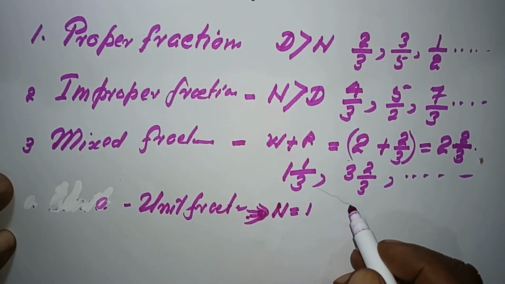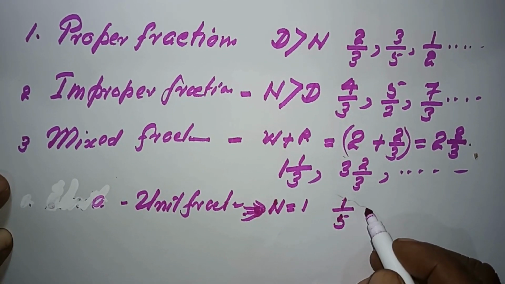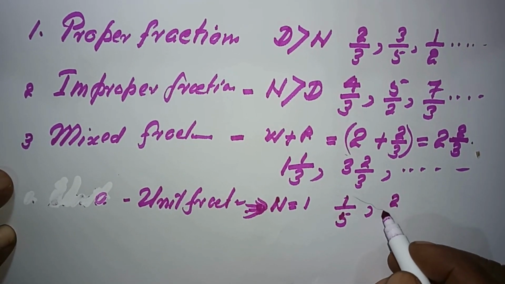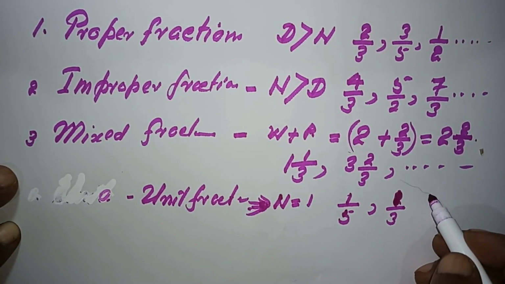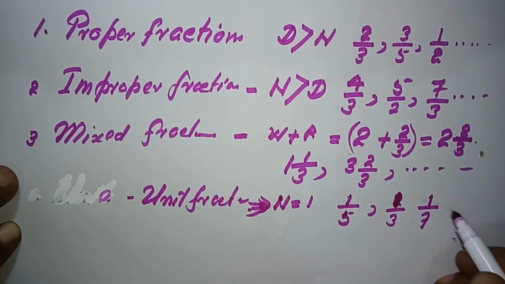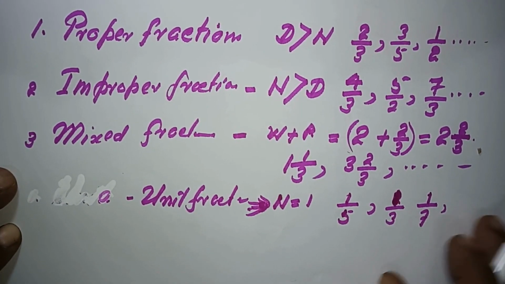For example, I can give you 1 over 5 or 2 over 3, 1 over 3, 1 over 7. Here also you can give any amount of unit fractions.